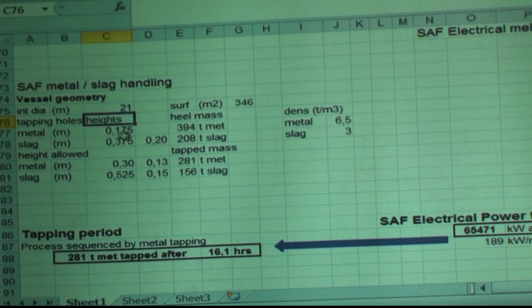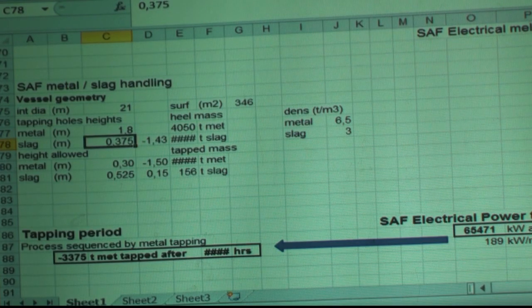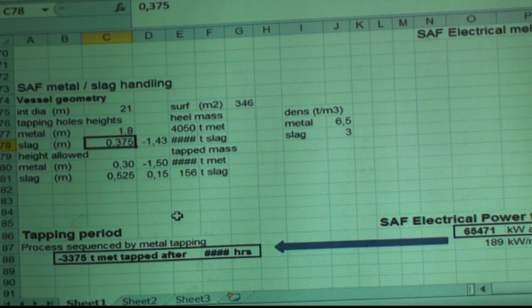This is the metal height. 1.8 meters. Okay. And for slag, without the slag, this is slag, 7521 minus 475, 2766, 2.7.